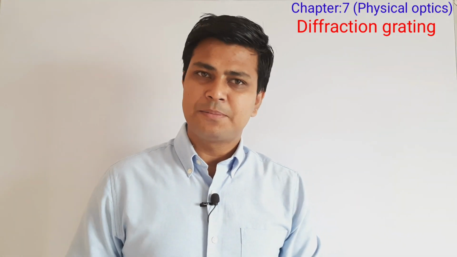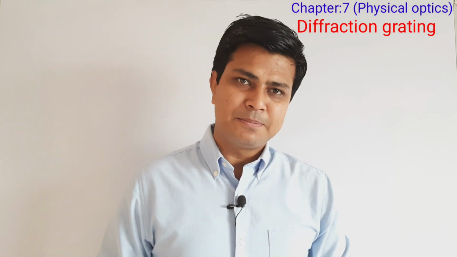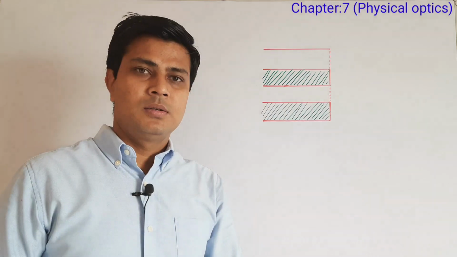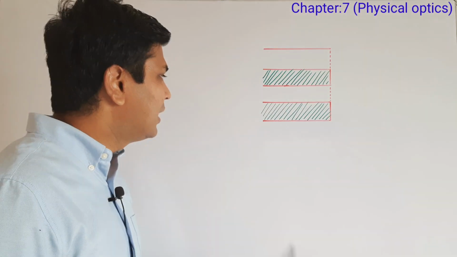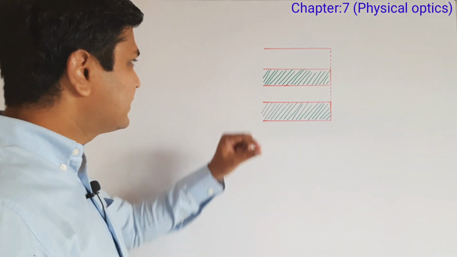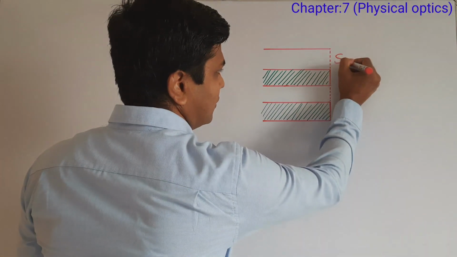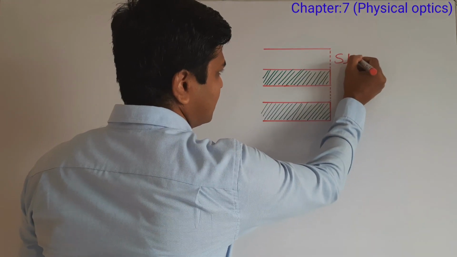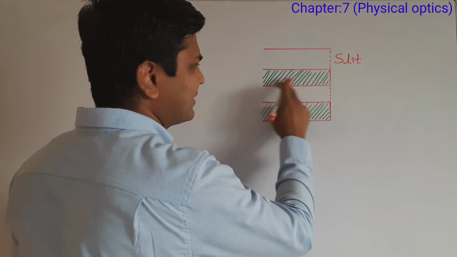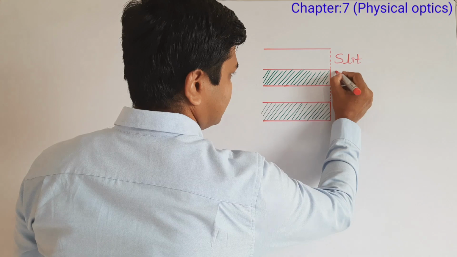A diffraction grating is made by cutting some lines on a transparent plane glass plate with the point of a diamond, placing them side by side. In the figure, you can see a diffraction grating. This is the slit, and this is the line.